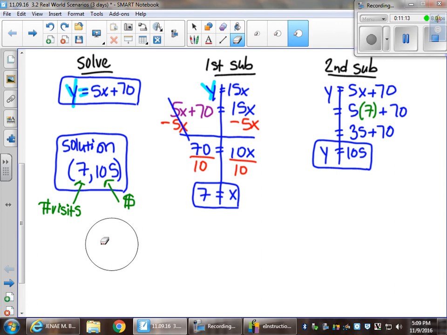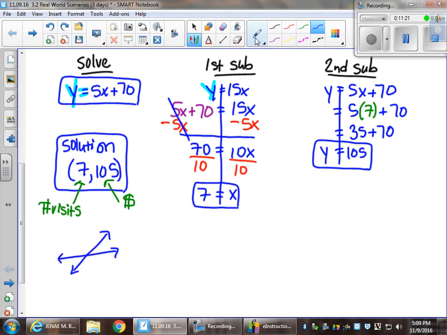So what does it mean that it's the same at that point? Well, there we go. So now I have two increasing lines. I'm a little more accurate. Okay. It's where they intersect, it's where they're equal. So it's where being a member and being a non-member is equal.